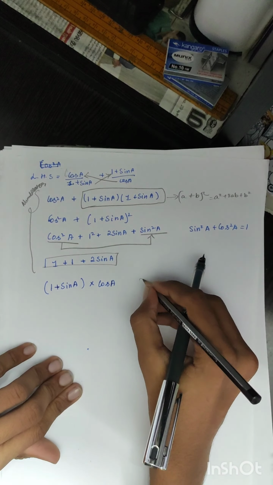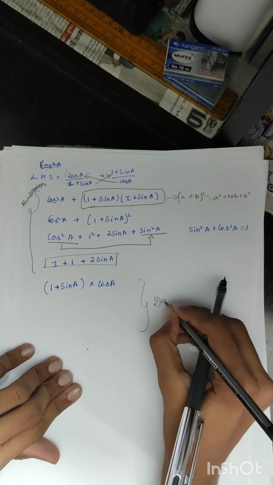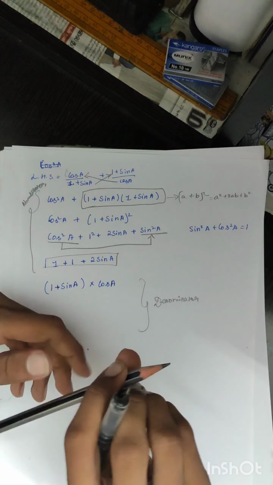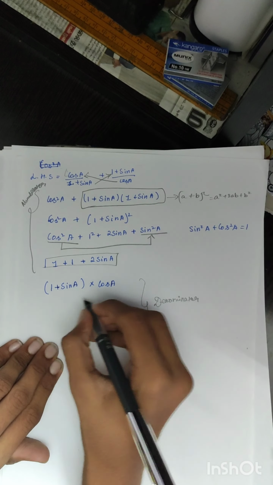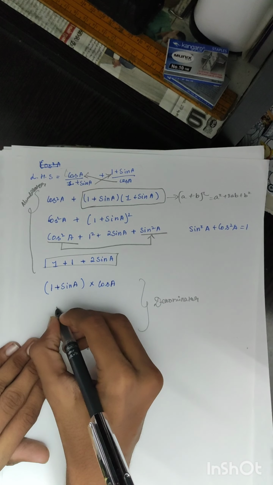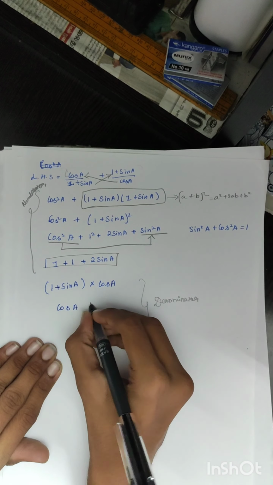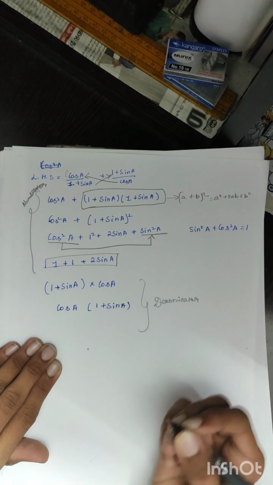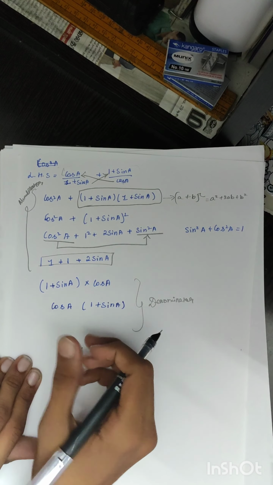So the denominator will be cos A into 1 plus sin A.